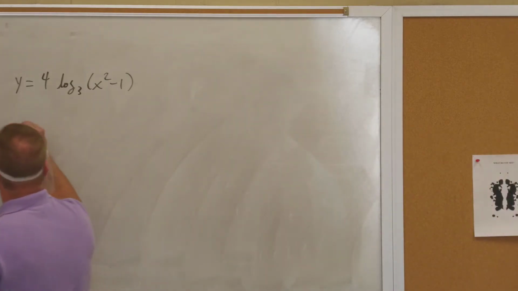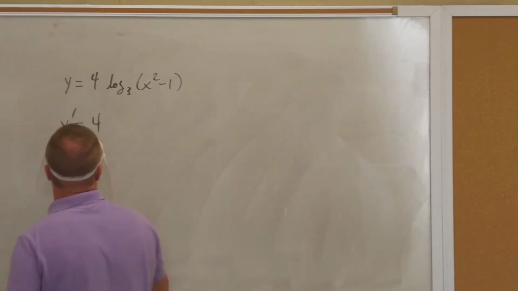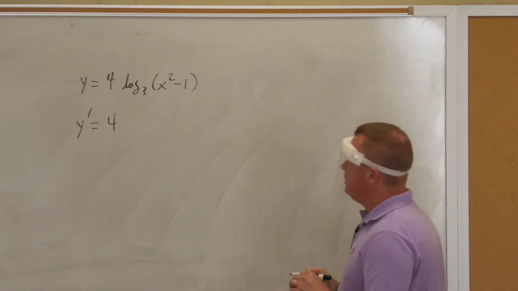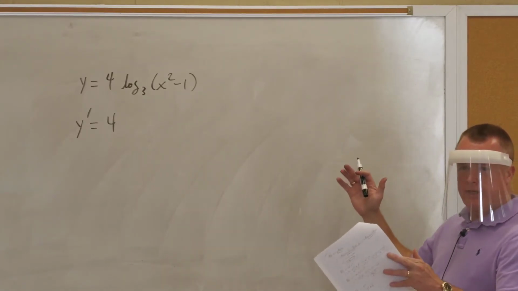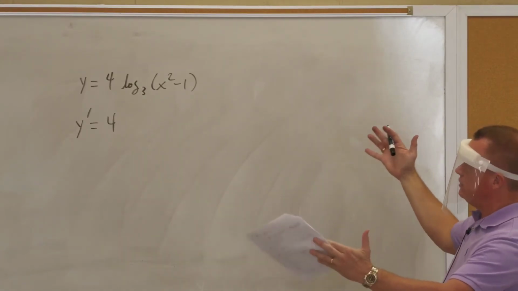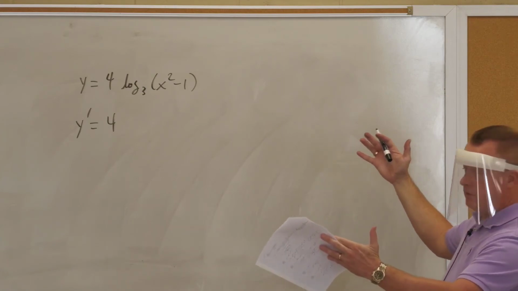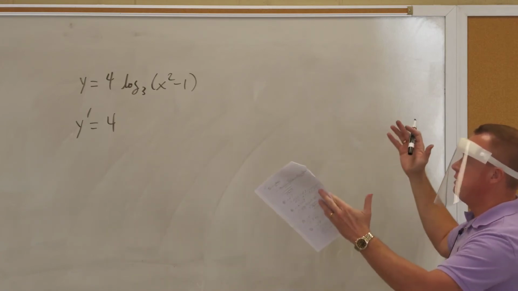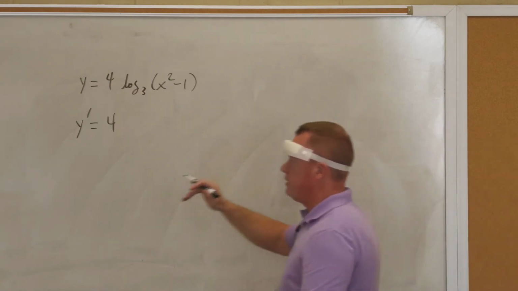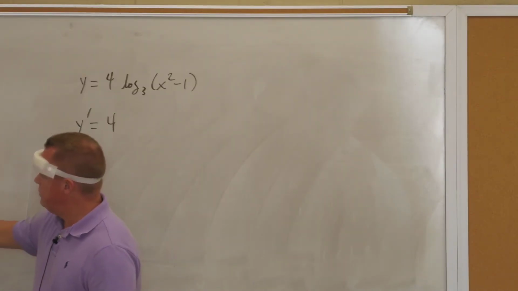Derivative. So I got 4 there times. All right, now log base 3 of x squared minus 1. So notice you've got chain rule, right? So your outside function there would be what? The log base 3, right? And then the inside would be x squared minus 1. So first do log base 3. All right, well, I got to go over here to this formula. So if b was 3, I just do this.